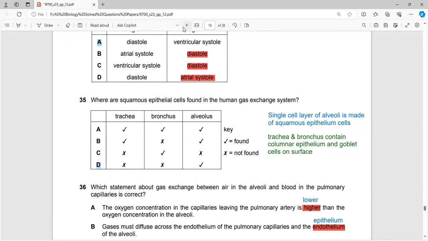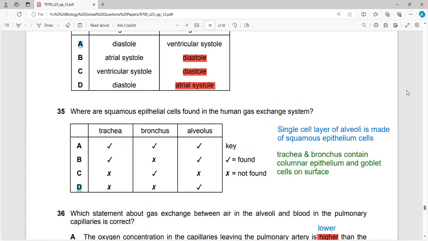We're going to proceed to question number 35. Where are squamous epithelium cells found in the human gaseous exchange system? You can see that in the gaseous exchange system, squamous epithelium cells are present in the alveoli. The trachea and bronchus contain columnar epithelium cells with goblet cells. These columnar epithelium cells are the normal structure present in the trachea and bronchus.